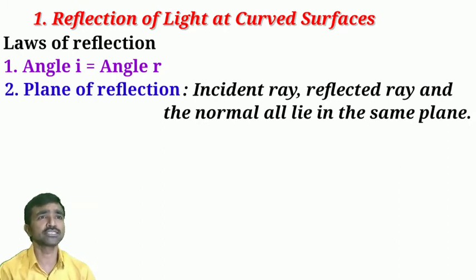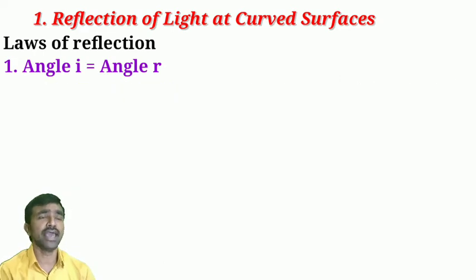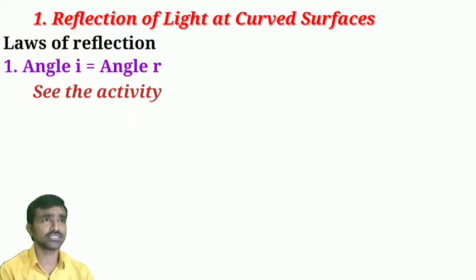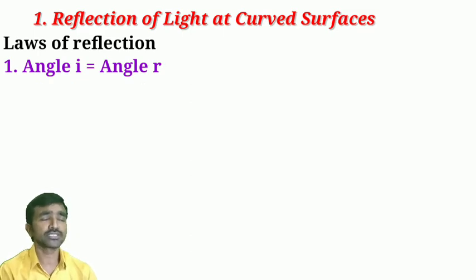So first I will discuss with you about the first law of reflection, that is, angle of incidence is equal to angle of reflection. For this we need to conduct one small activity. What are the materials needed here?